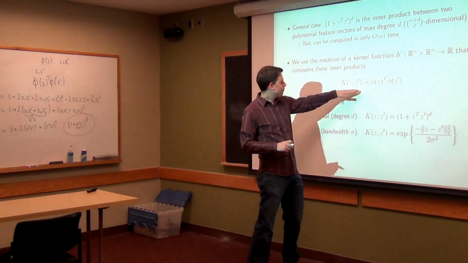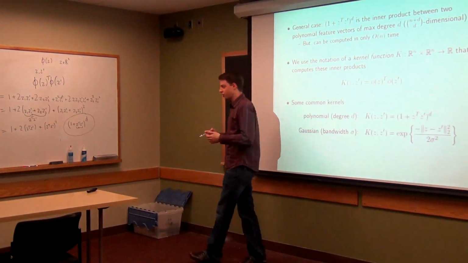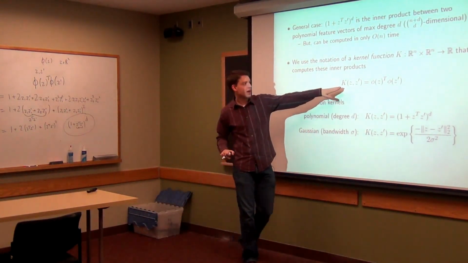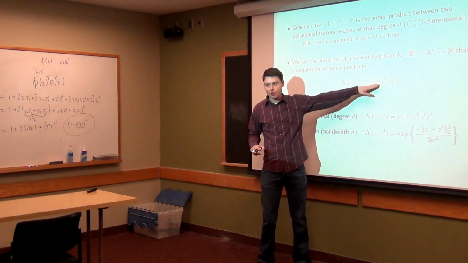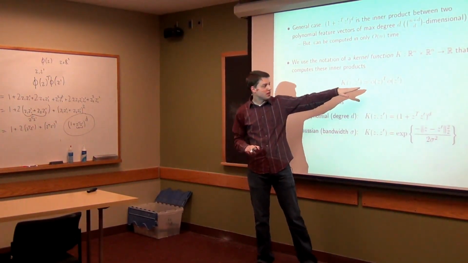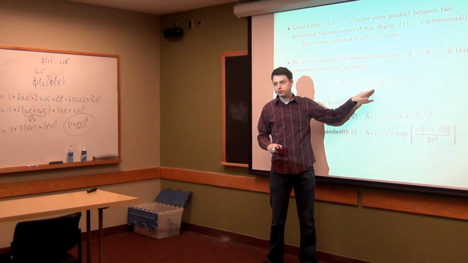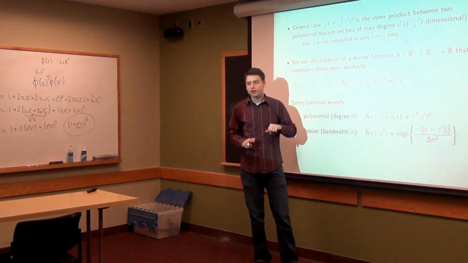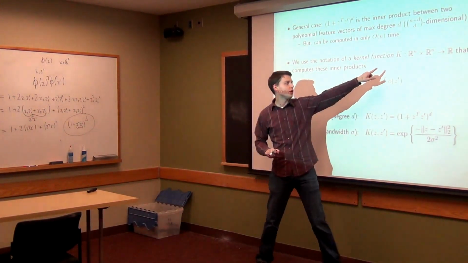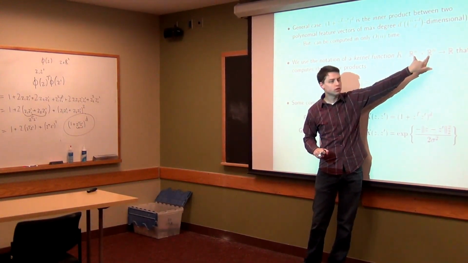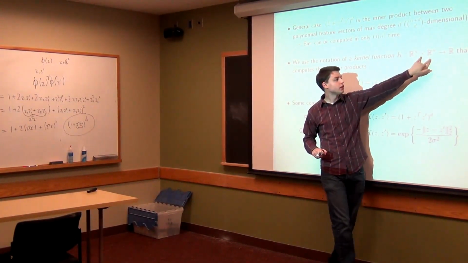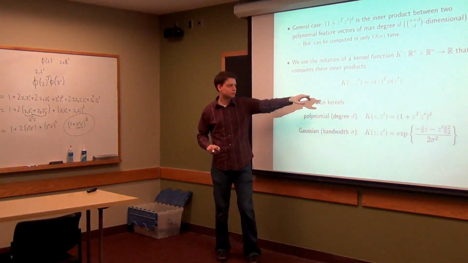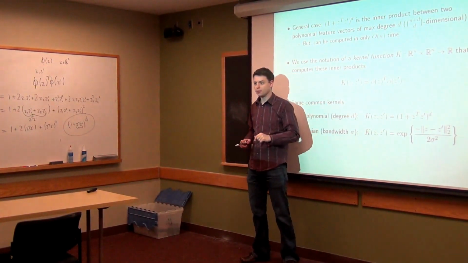To simplify the notation a little bit, since this comes up so much in inner products, I'm going to define this as a kernel function k. So this is just notation. The inner product between two of these feature vectors, z and z prime, I'll just call a function k. So k maps from two R^n vectors and outputs a real number, defined by this formula.